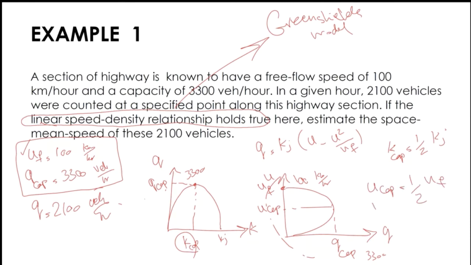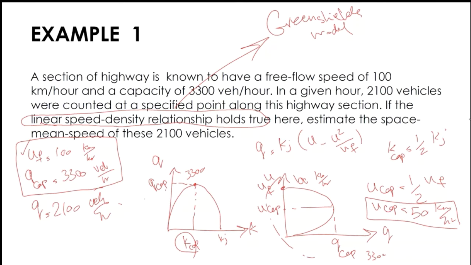So the speed at capacity, in this case, would be 50 kilometer per hour, right? Because it's half of the free flow speed. Again, I want to highlight here that K cap equal half of Kj and U cap equal half of free flow speed only holds true when we're working with Greenshields model. If you're working with another model, this may not necessarily hold true.